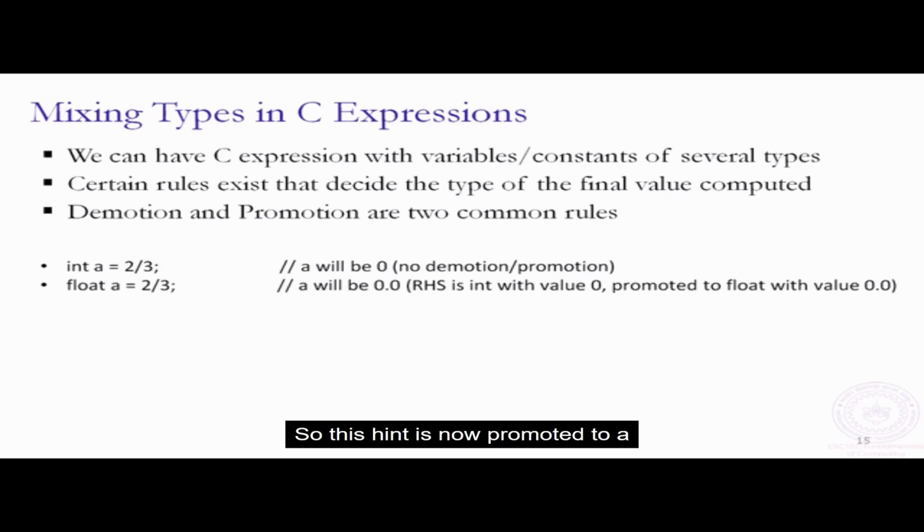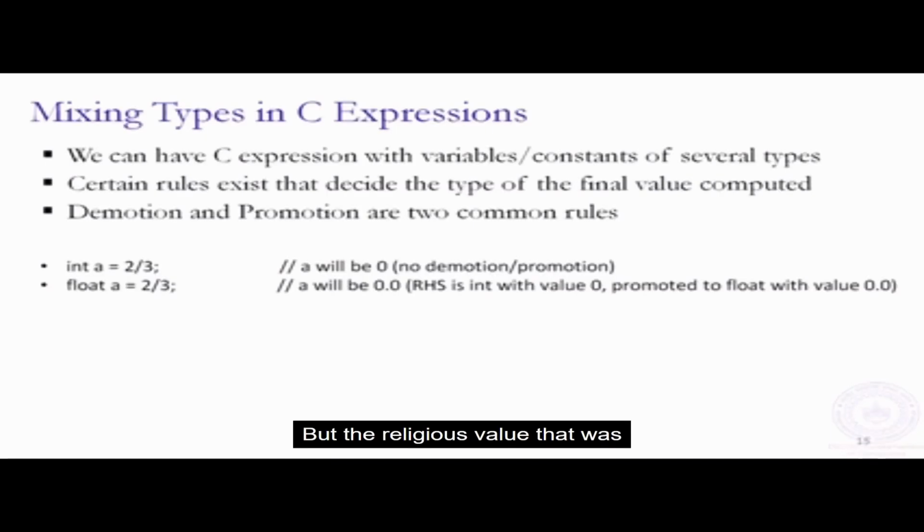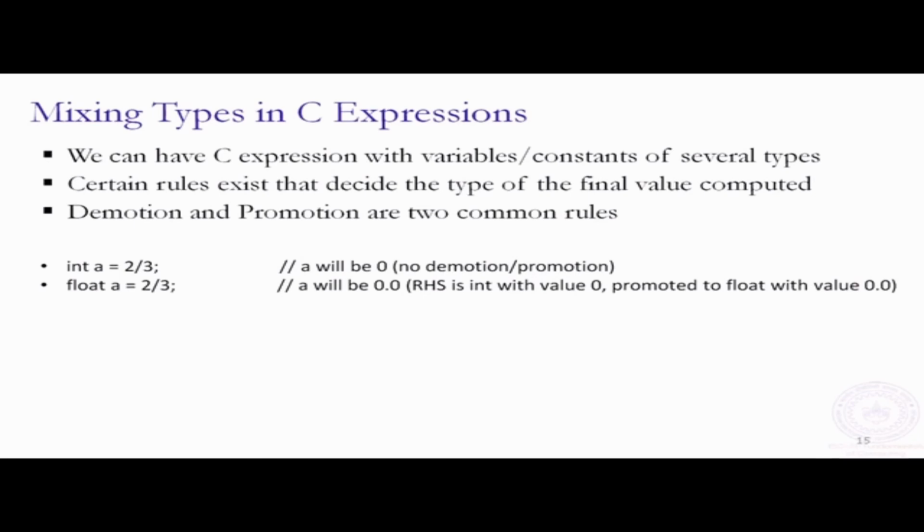So this int is now promoted to a float, and it is stored in the LHS, but the RHS value that was calculated was an integer to begin with, and this was 0, so what is promoted becomes 0.0.